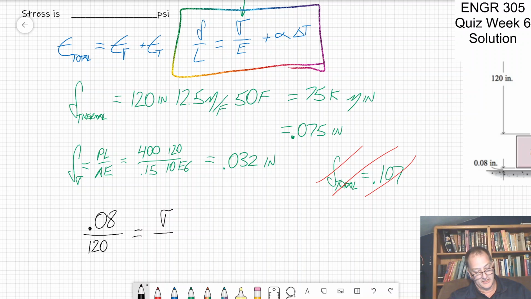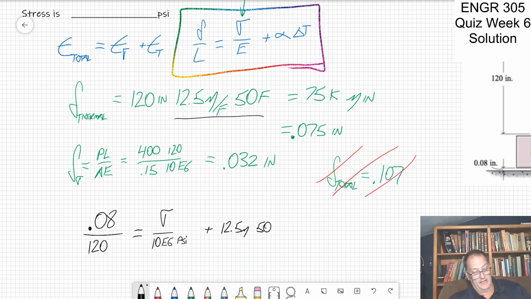My stiffness is 10 E6 PSI, plus, and then I've got alpha delta T, which is, I had just done that here, 12.5 micro times 50. My Fahrenheit's already canceled. And that's my equation.